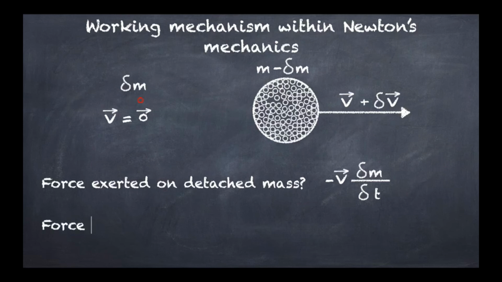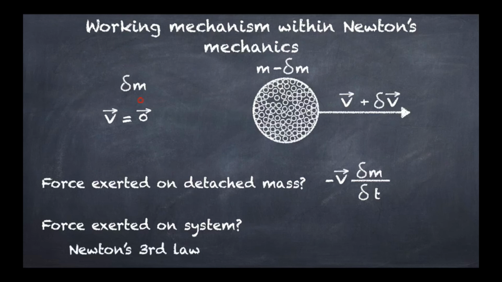Now, what is the force exerted on the main body of the system? Well, Newton's third law of mechanics tells us that for a force that has been acting on the particle delta m, to put it to v equals 0, the same force, equal in magnitude but opposite in direction, has been applied on the main body m minus delta m.